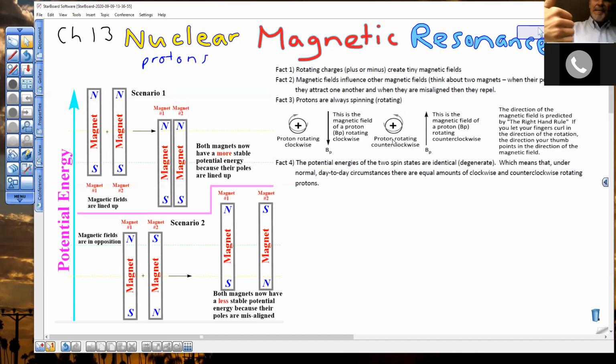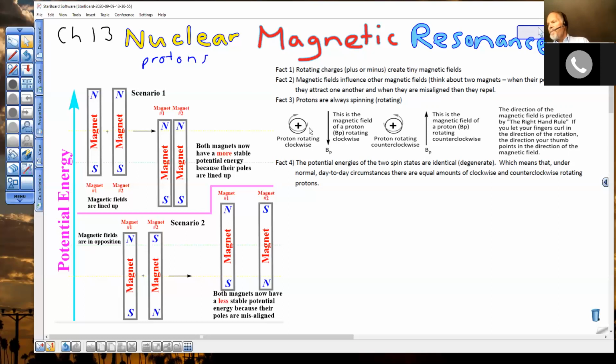So this is counterclockwise, and notice my thumb is sticking up. Okay, so a counterclockwise rotation indicates there will be a magnetic field that's pointing up.